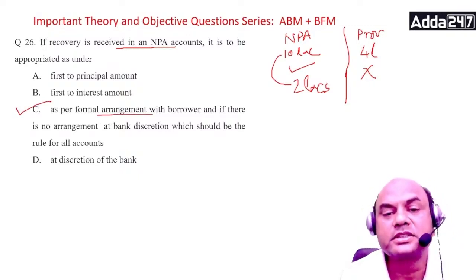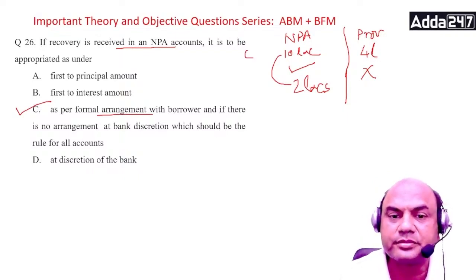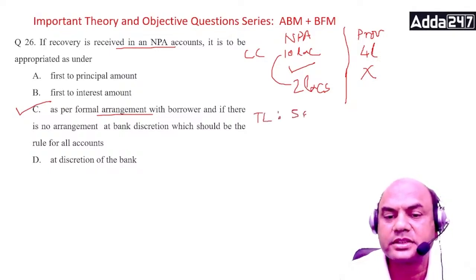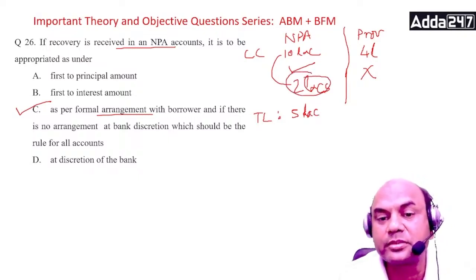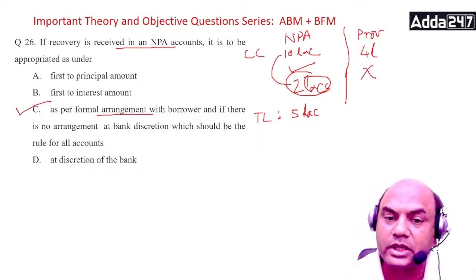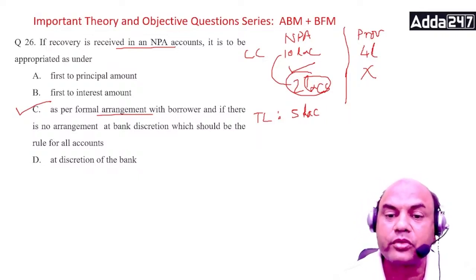It means if this customer has two separate accounts, one is CC, second is a term loan, and both are NPA, the term loan being for 5 lakhs. Now this customer has given 2 lakh rupees. Remember, both are NPA. So the customer will have an arrangement with you, or will give it in writing where to put which money.